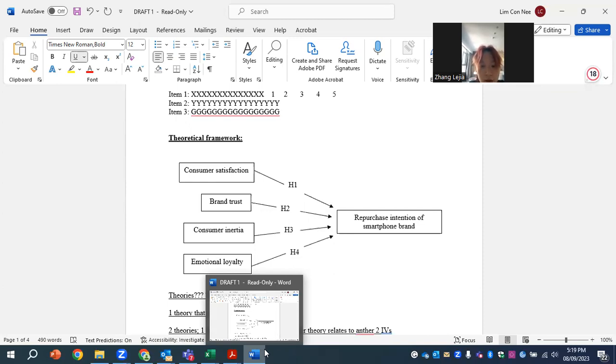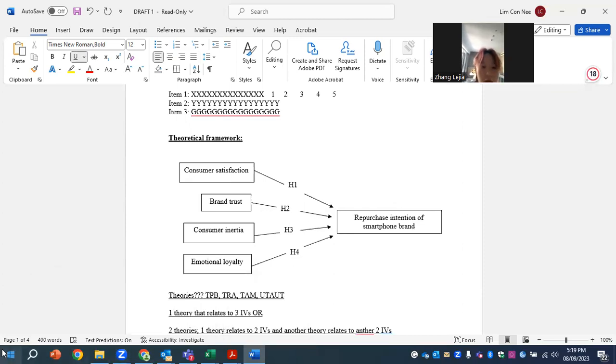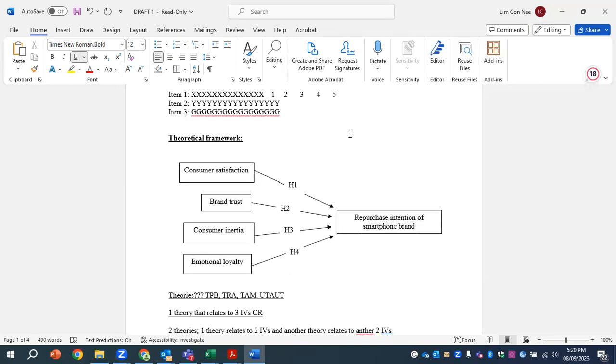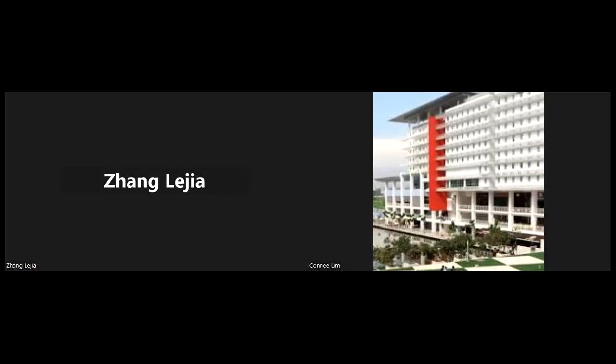Okay, miss, I actually already found a topic. The topic is I want to talk about the rent power bank business. Power bank, rent power bank. Can you type it for me, please, Lejia?